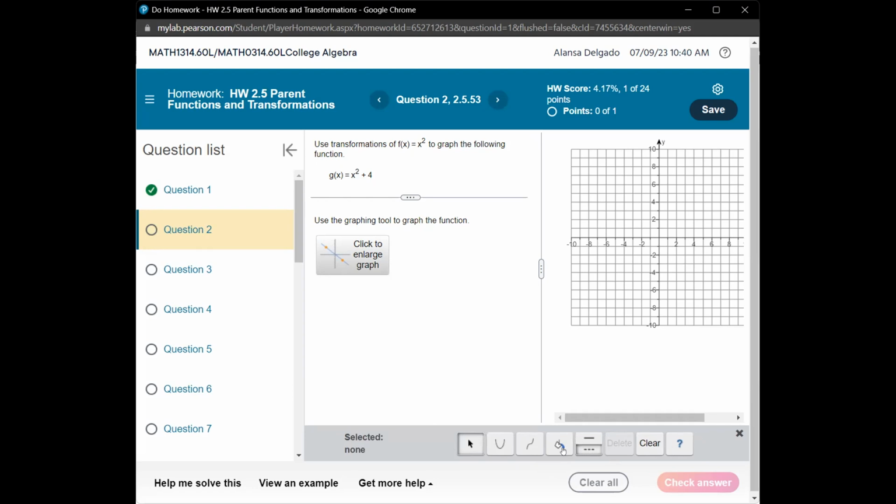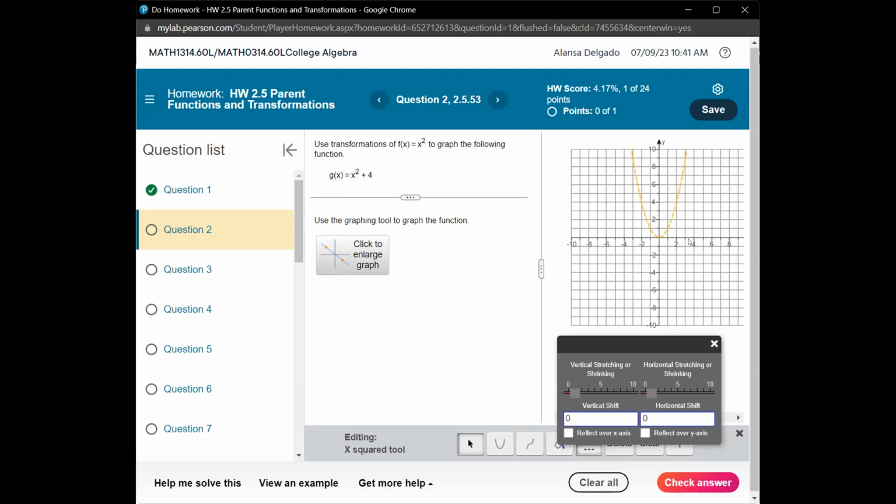The one on the left, keep going to the left, right there. Click on that. What does it give you? This is the x squared tool. I don't know. Oh, whoa.